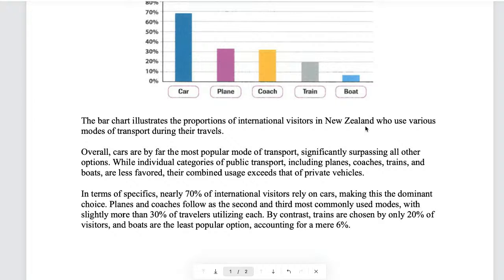Slightly, what does that mean, guys? Slightly. That means a little bit. Not much. Okay? With slightly more than 30%.